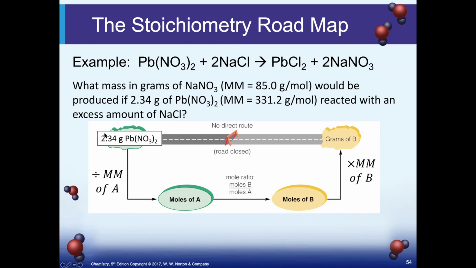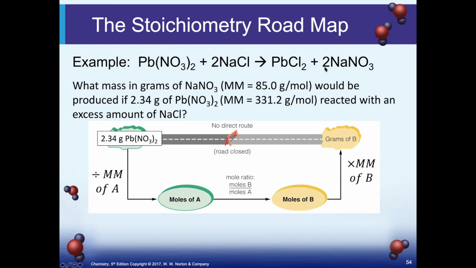What I know is I have 2.34 grams of lead nitrate. So I can't go directly from grams of lead nitrate to grams of sodium nitrate, okay? That road is blocked, so I got to take a detour. And the way I do it is I first convert grams of the lead nitrate into moles of lead nitrate by dividing by the molar mass. And then I use this balanced chemical reaction to get the mole ratio between the sodium nitrate and the lead nitrate, and that's from these balancing coefficients.